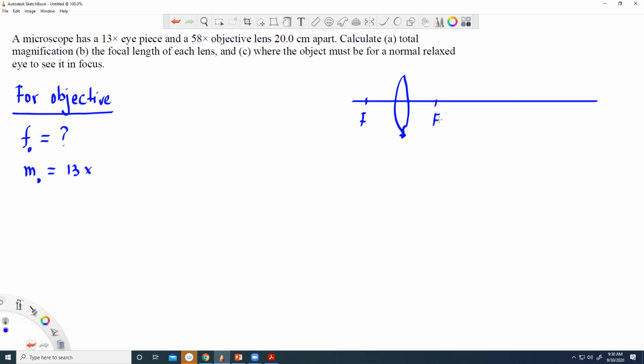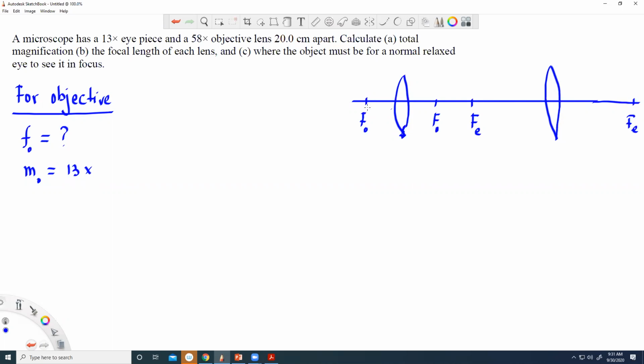Okay. And we have eyepiece. The lens that is closer to the eye is called eyepiece. So this is FO, and we have FE, focal point for eyepiece.